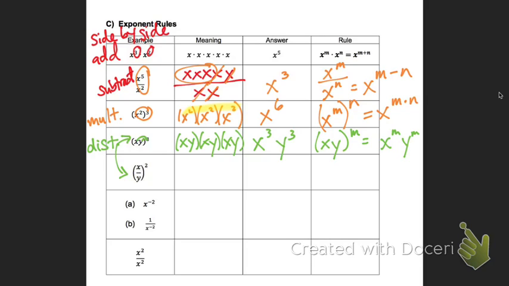That's the formal rule. The second one, you're going to distribute the squared, so it's like saying xx over yy, x squared over y squared.